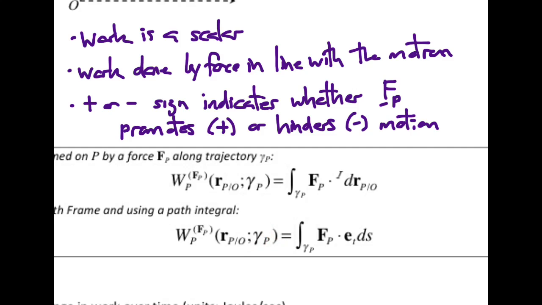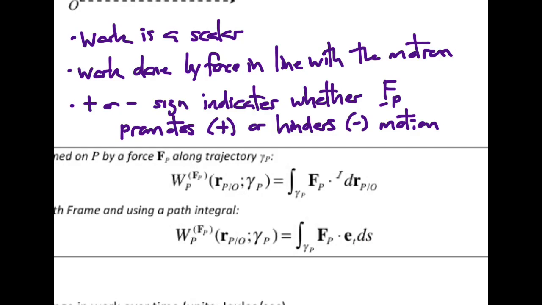And this is equal to that force dotted with, and this is really nice, the basis vector in the tangential direction, because remember the normal direction is our constraint direction, and that drops out. And then the integral is a path integral, and it's a scalar integral. It's not a vector integral like what we had earlier, but it's a scalar integral along that path.